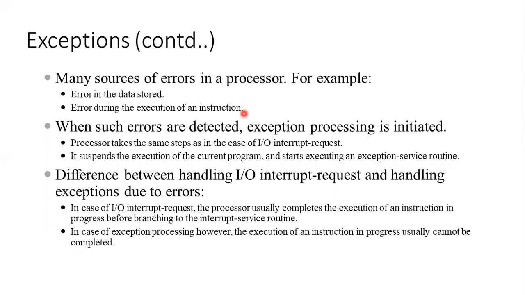When such errors are detected, exception processing is initiated. I feel you have learned about exceptions and exception handling in C++ or Java, and that you are aware of the catch and throw commands in C++.